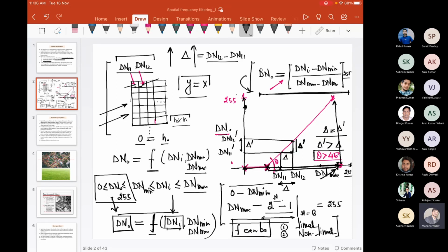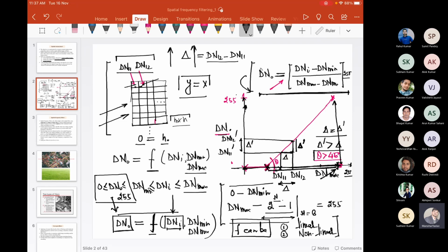So ultimately, visually, we want to enhance the image quality. It can be done, as I discussed before, by changing the intensity of gray color.